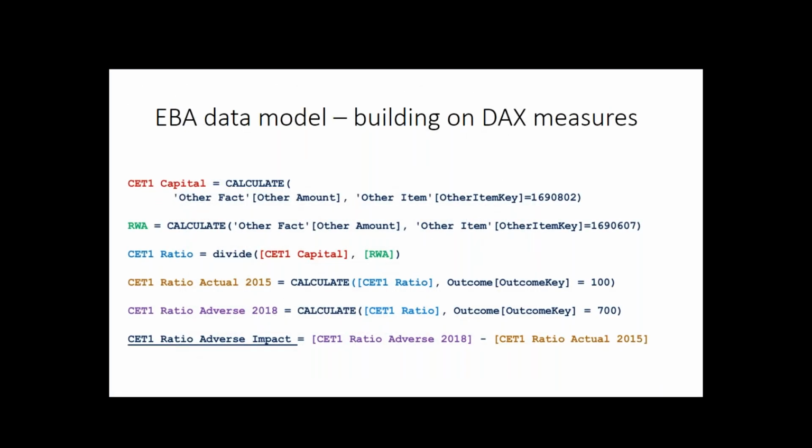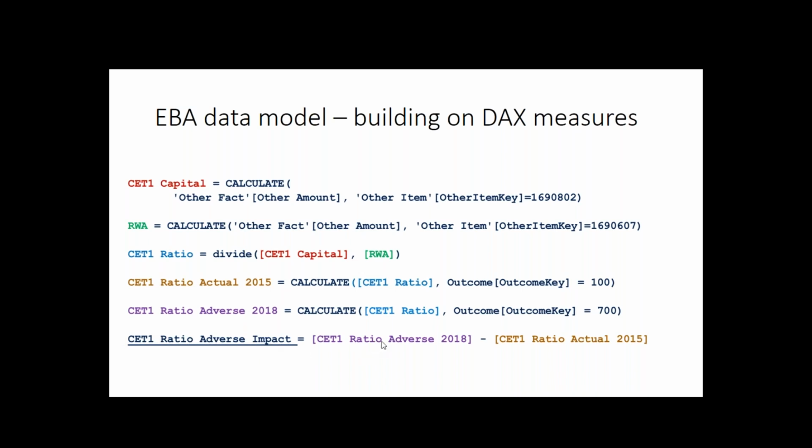One thing to say is, like many people, I'm DAX challenged. I find it sometimes quite difficult. But one of the nice things about DAX is that we can build up our DAX calculations. The headline number we've been talking about is here at the very bottom, the ratio adverse impact.